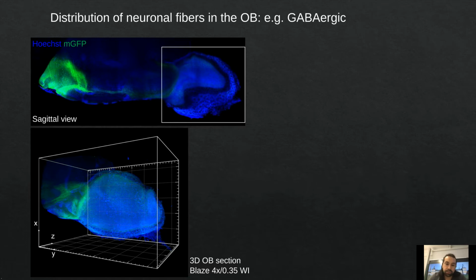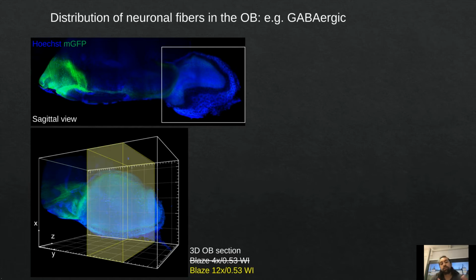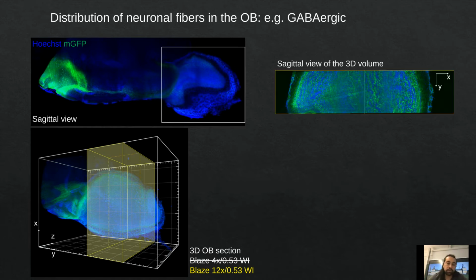As Ulrich explained, we can change the objective in the microscope, and using exactly the same sample, go with a high magnification objective and image a volume that contains the olfactory bulb, as you can see there in yellow.